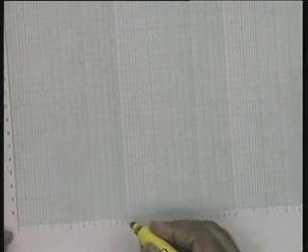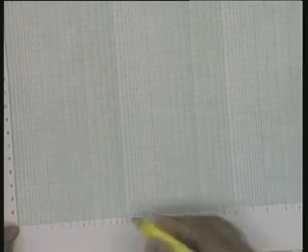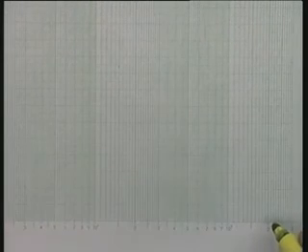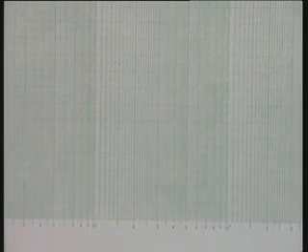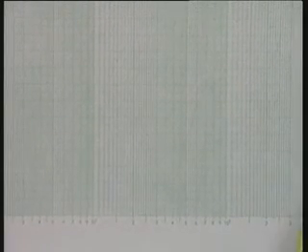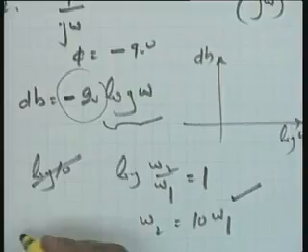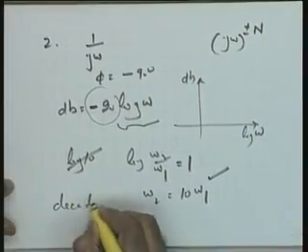This is the factor of 10: 1, 10, 100, 1000 and so on. So this is a unit as far as log omega is concerned, and hopefully it is visible that after a unit of log omega there is a change in color on the semi log paper. If you change the frequency by a factor of 10, on a log scale you are changing it by a unit of log omega, and this is referred to as a decade of frequencies.